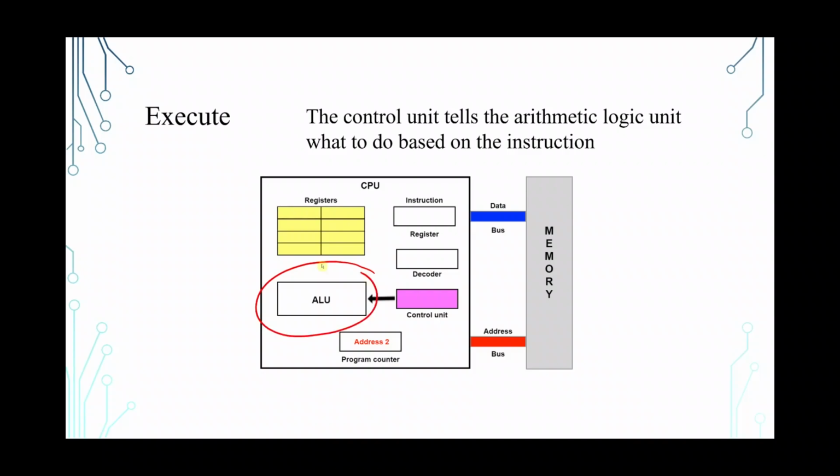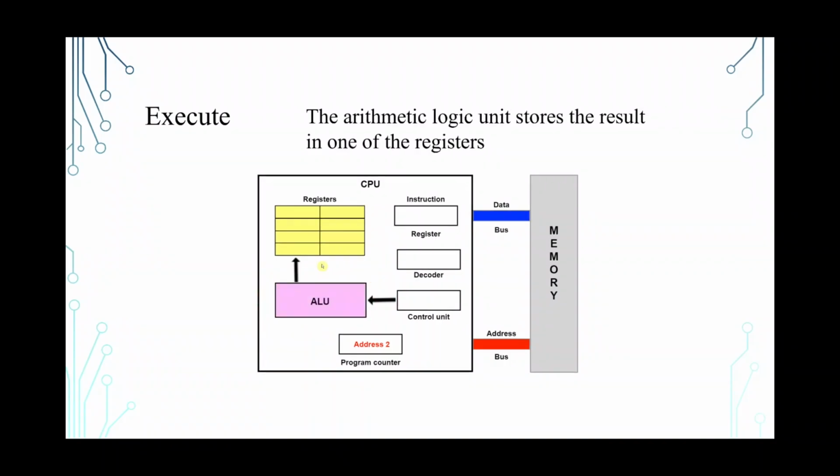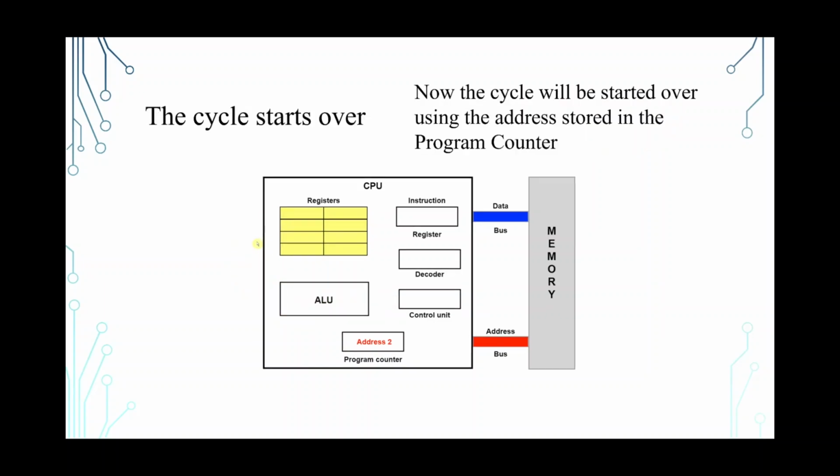The control unit tells the arithmetic logic unit what to do based on the instruction, and the ALU is going to execute it. After the execution, we have a result. The result is going to be stored in one of these registers. Then, when we are done, we start the cycle over with the next address.